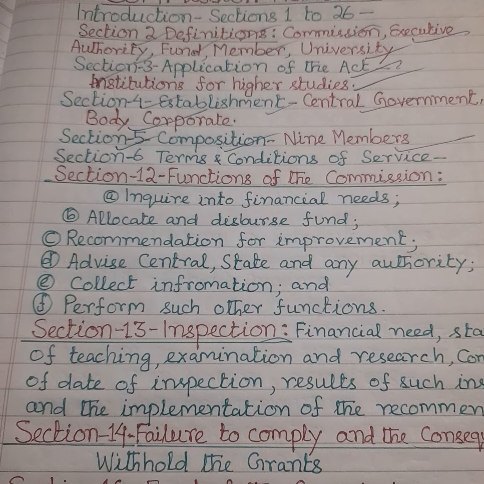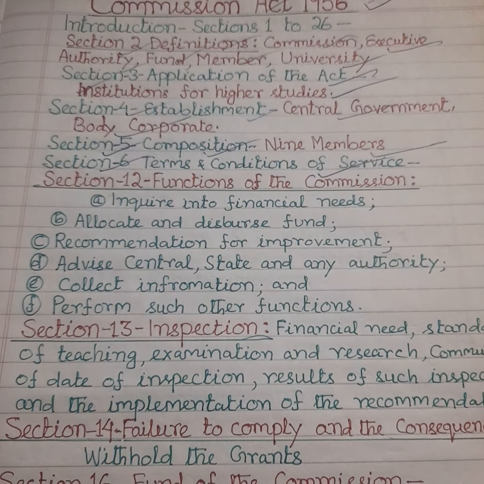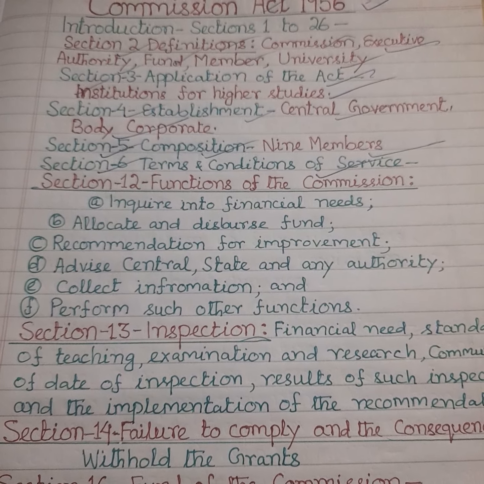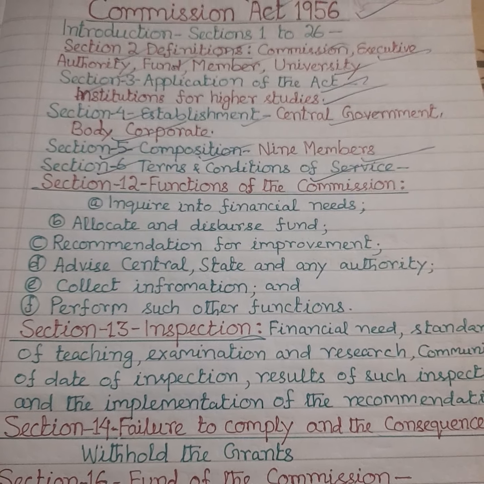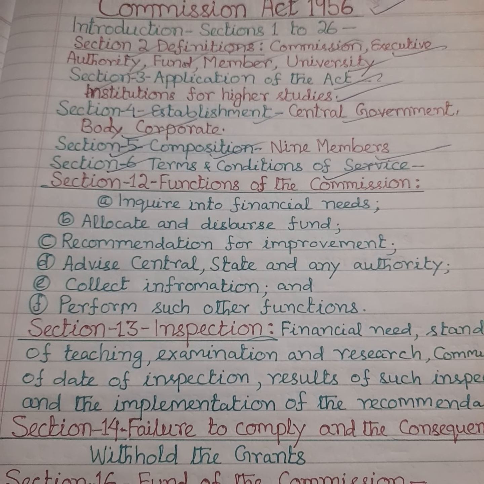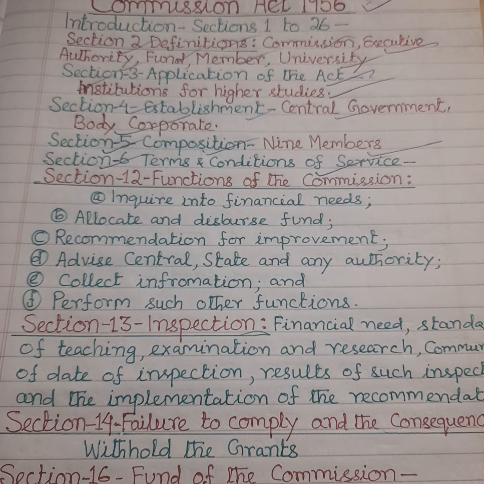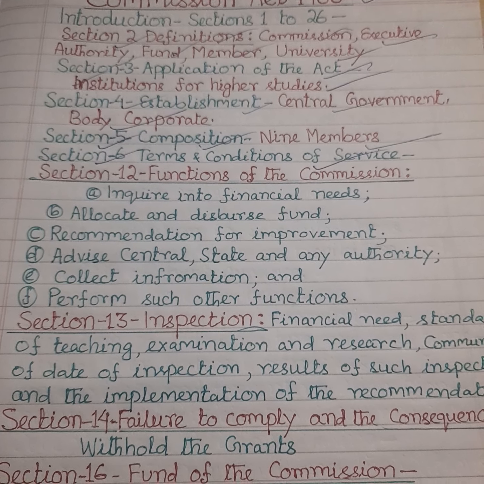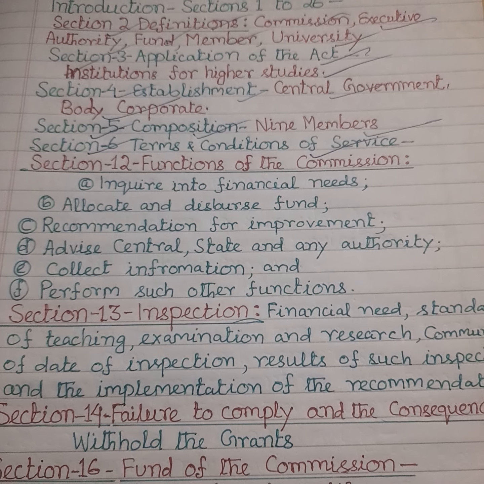And now we deal with the provisions under Section 6 regarding the terms and conditions of service of the members of the University Grants Commission. Every member shall, unless he becomes disqualified for continuing as such under the rules that may be made under the Act, hold office for a period of 6 years.